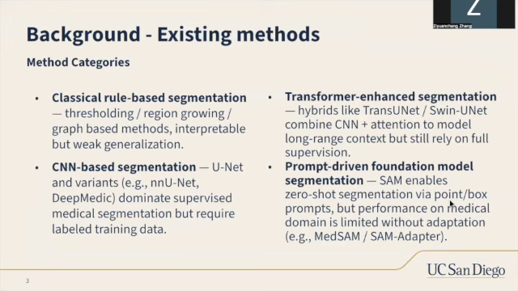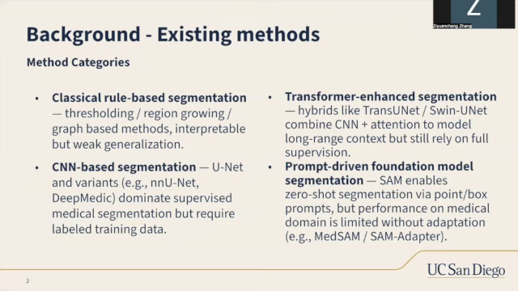Over the years, segmentation methods evolved in several stages. The early approaches were classical image processing, like thresholding or region growing. But these methods failed in some complicated cases. Then CNN-based models, such as the UNet, became the dominant baseline because the encoder-decoder structure captures both the context and the detail.